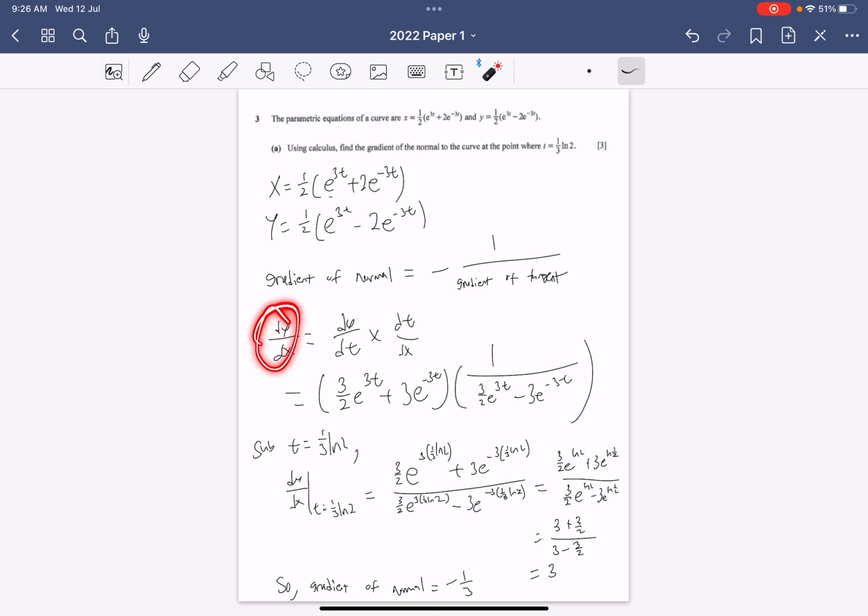And basically dy/dx is just dy/dt. So you differentiate with respect to t, then you multiply by the derivative of t with respect to x. So dy/dt, you just need to differentiate normally and you should get this result. As for dt/dx, it's just the reciprocal of dx/dt.